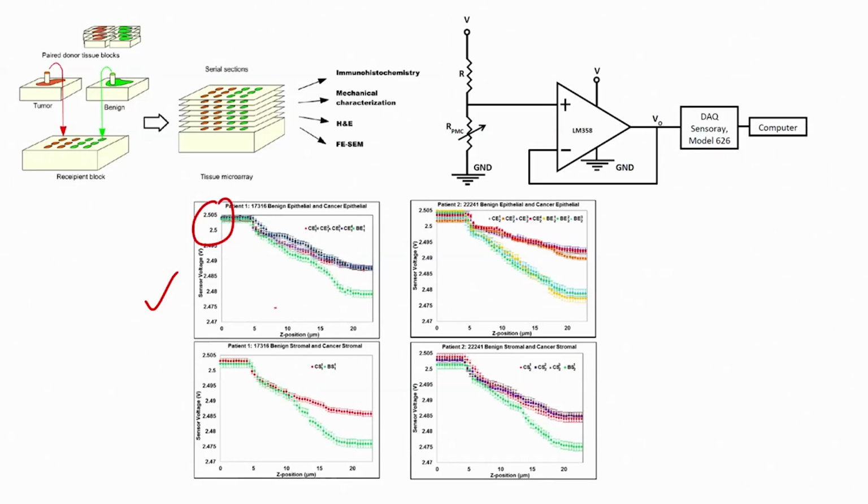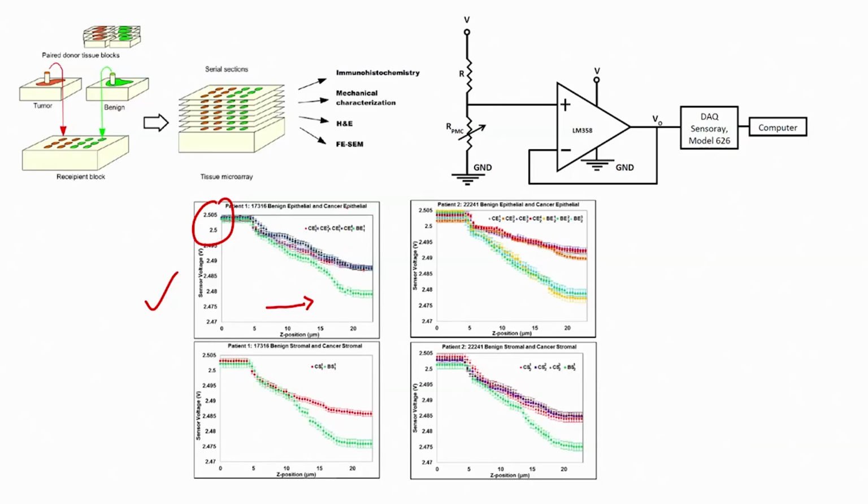As I go on pressing my cantilever, you can see here 0, 5, 10, 15, 20 microns. When I press my cantilever, I will be able to see the change in voltage, because there will be change in resistance, and that change in voltage will depend on what kind of tissue I am using, right.